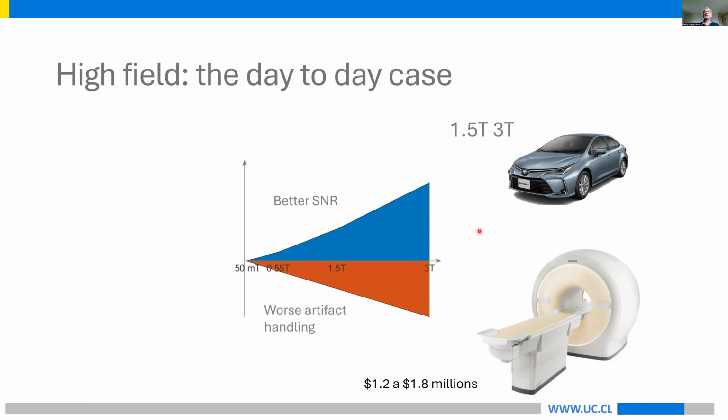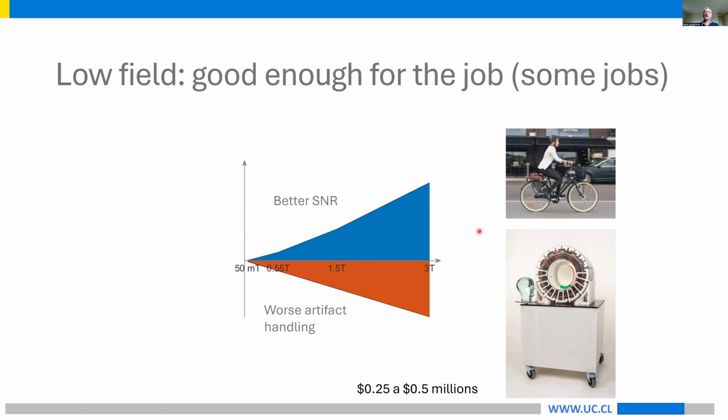If you reduce the field even more, we're thinking about our 50 millitesla scanner. It's like driving a bicycle. The bicycle works well, but it's not for going anywhere. If you're going to get bread at your corner shop, that is perfect, but it's not going to be useful for a 100-kilometer trip, or if you need to carry big suitcases.